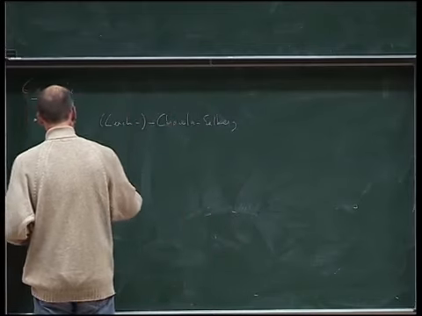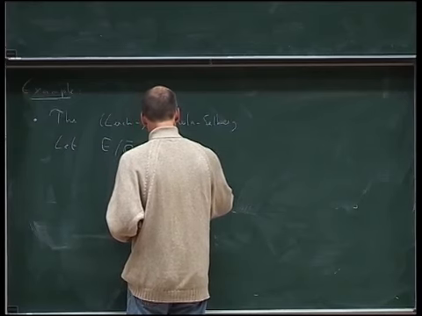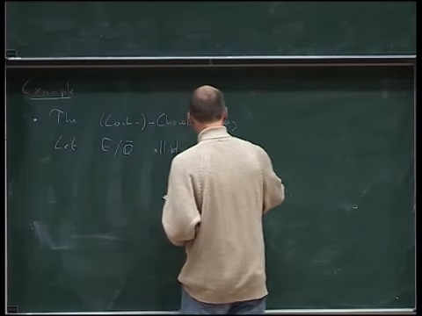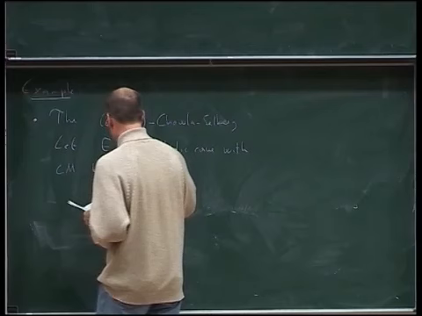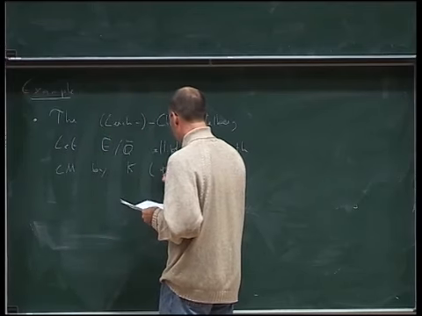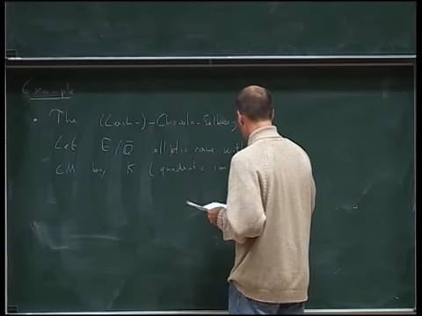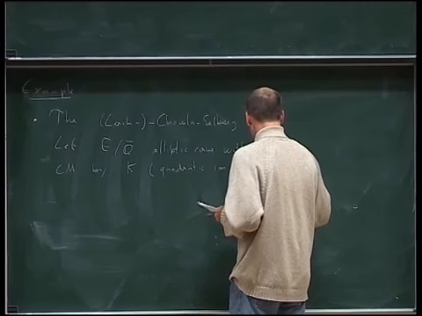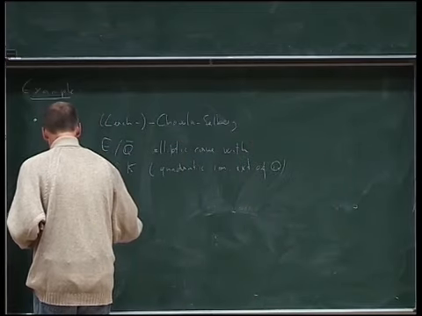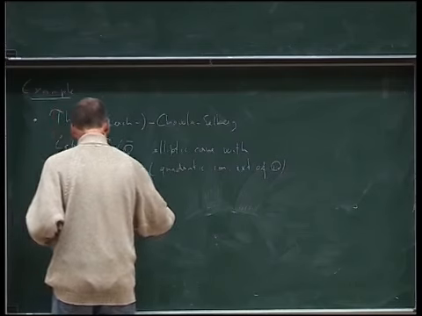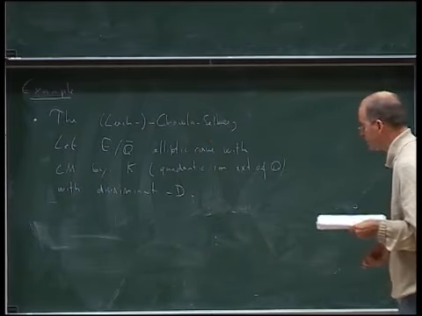You take E over Q bar, an elliptic curve with CM by K, where K is a quadratic imaginary extension of Q with discriminant minus d, say.